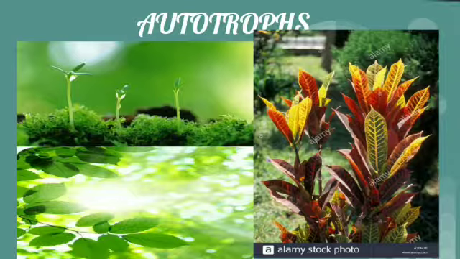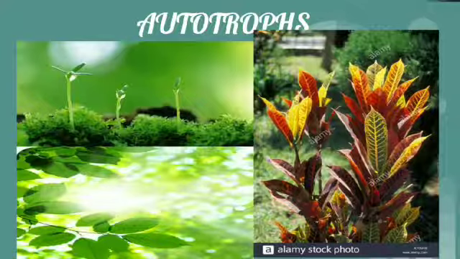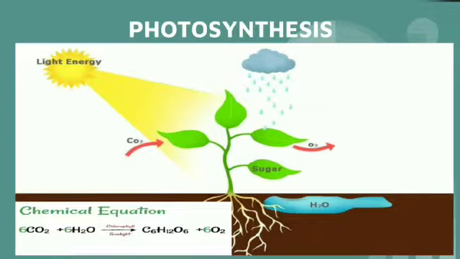Those organisms which make food for themselves from simple substances like carbon dioxide and water by the process of photosynthesis are called autotrophs. Here, auto means self, trophs means nourishment.